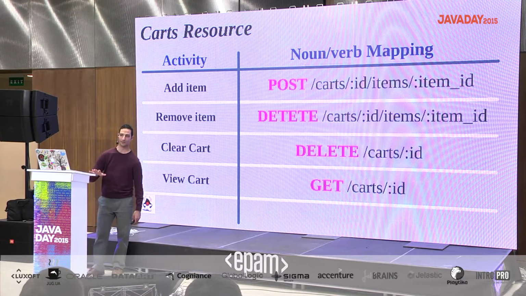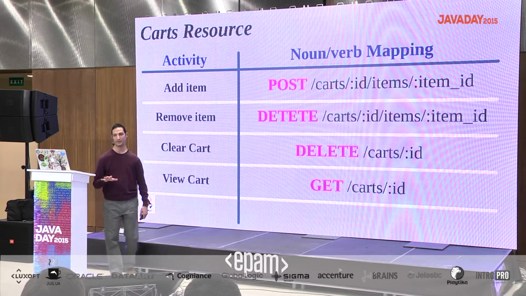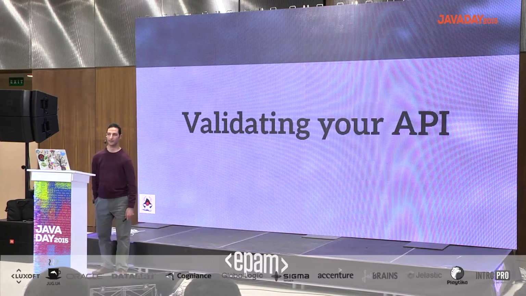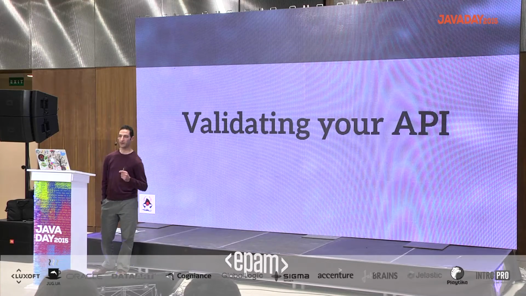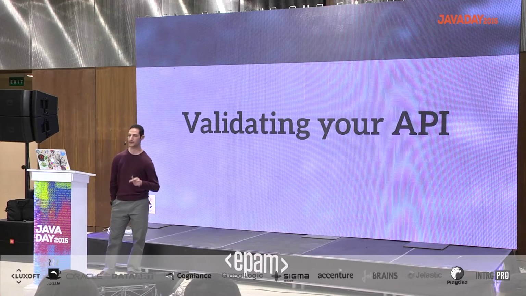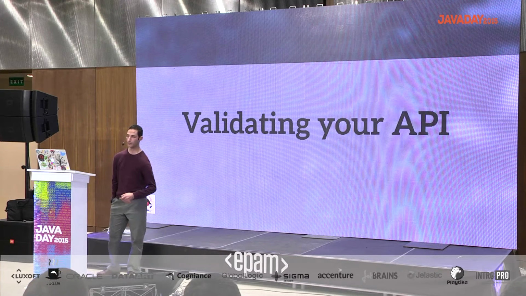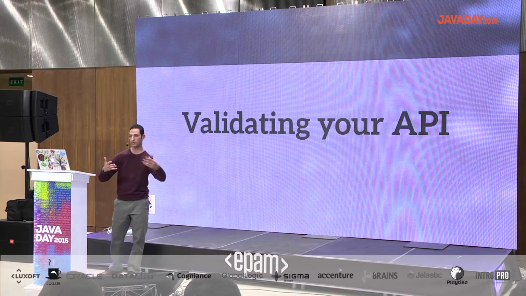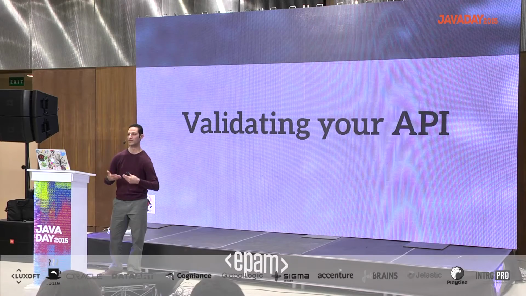The final step is to validate your API. As the first step, identifying the resource participants is very important in my opinion. This is the most important one, because if you have written down everything, mapping the resource participants to the grouping should be a very easy exercise for you.